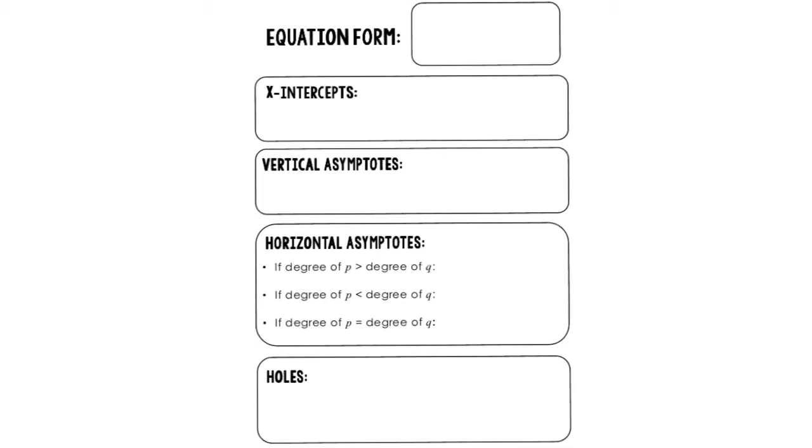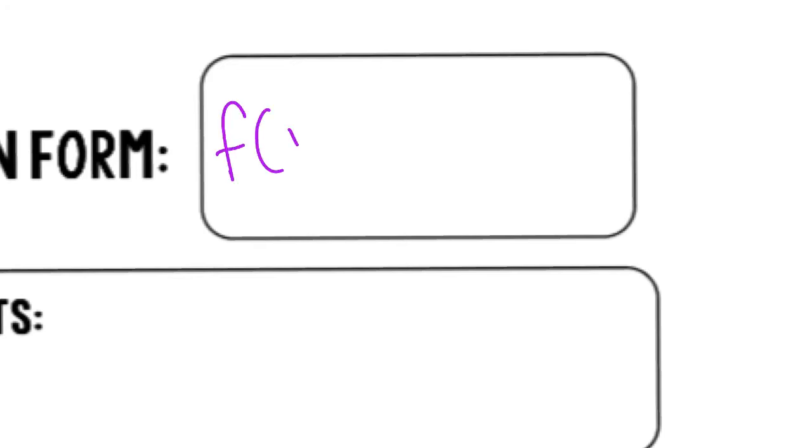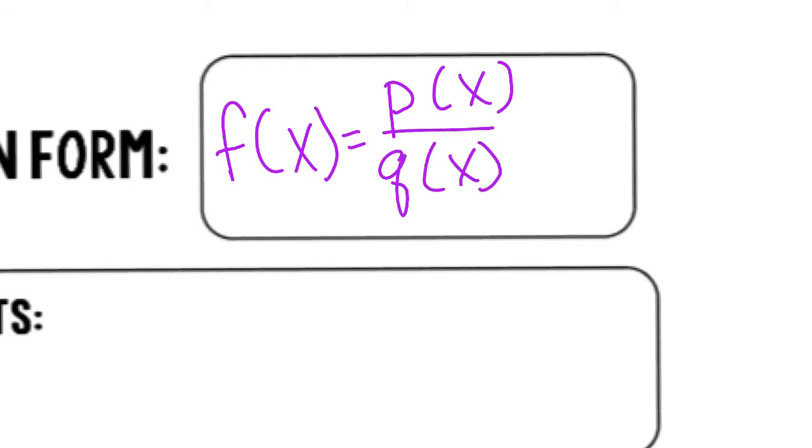So now we're going to move on to not just reciprocal functions, but all rational functions. So the equation form for a rational function is f of x equals p of x over q of x, where p of x and q of x are both polynomials.